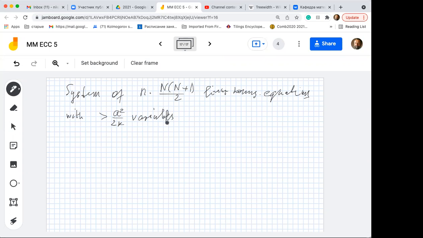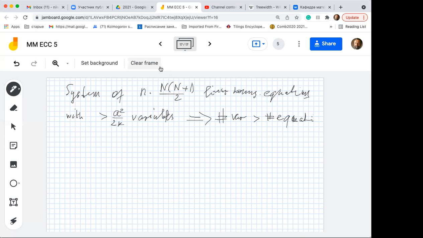And our assumption guarantees that this number is at least this number. So hence the number of variables is larger than the number of equations, strictly larger. And linear algebra teaches us that in that case, the system has at least one non-zero solution.